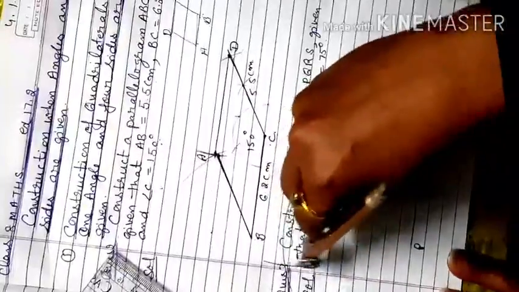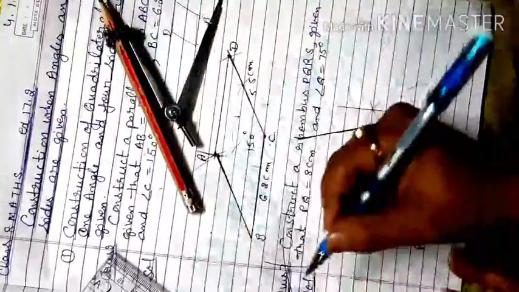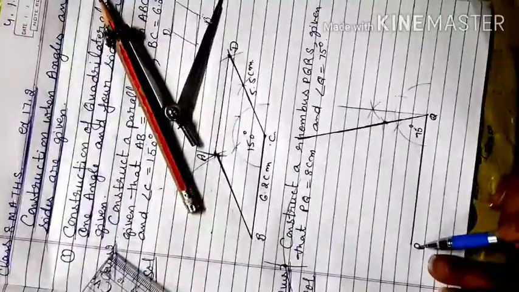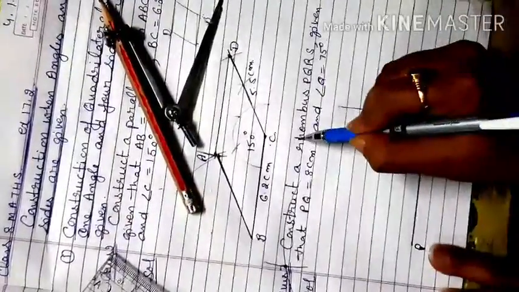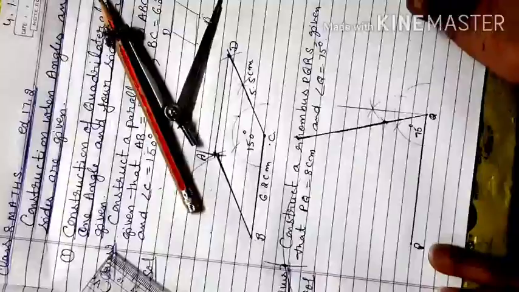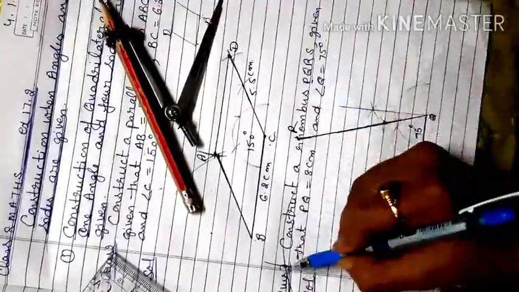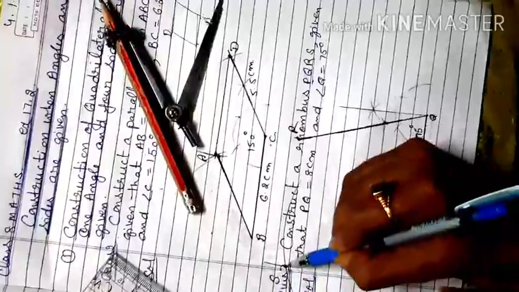Where these two curves meet, that is the point. Starting from P, Q, and this at 8 centimeter distance is R, and the fourth one will be S. So this is S point.